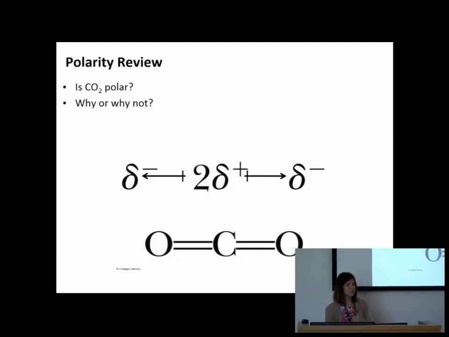Anyway, you know that it's polar. And so the polar bonds, dipole moments, because the geometry is linear for this molecule, those dipole moments cancel. The vectors cancel. So it is not a polar molecule because the dipole moments cancel.